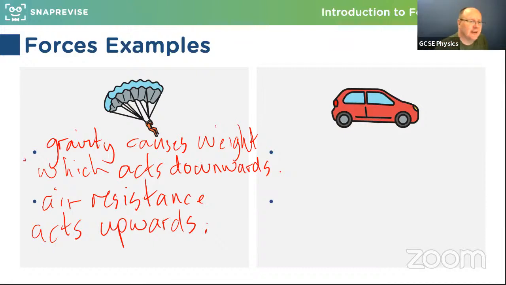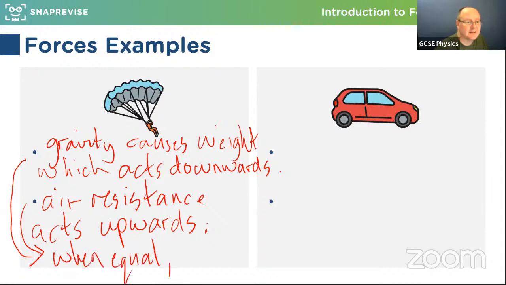So when these two things are equal or balanced, the parachutist is moving at constant speed. So when they're equal and opposite, the net force acting on the parachutist is 0. So they're not accelerating, they're not speeding up, they're not slowing down. Okay, brilliant. So there's our parachutist.